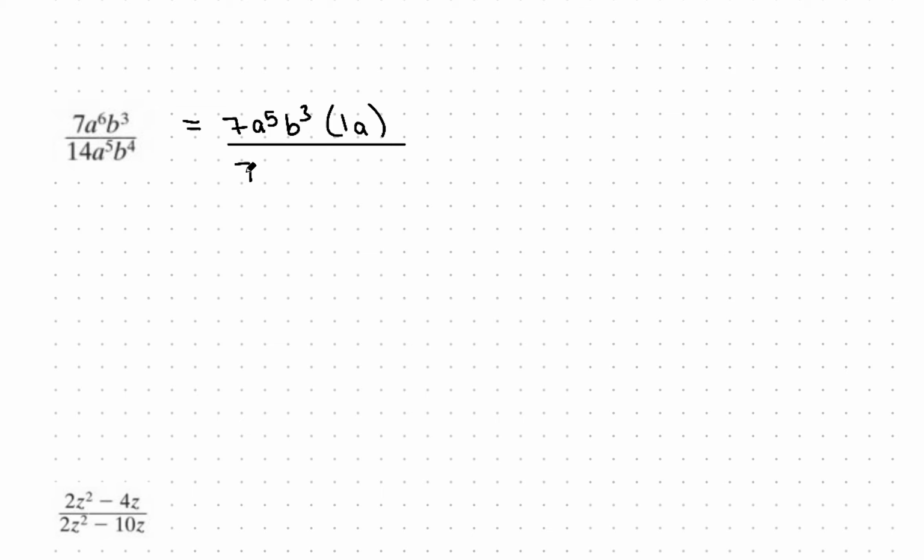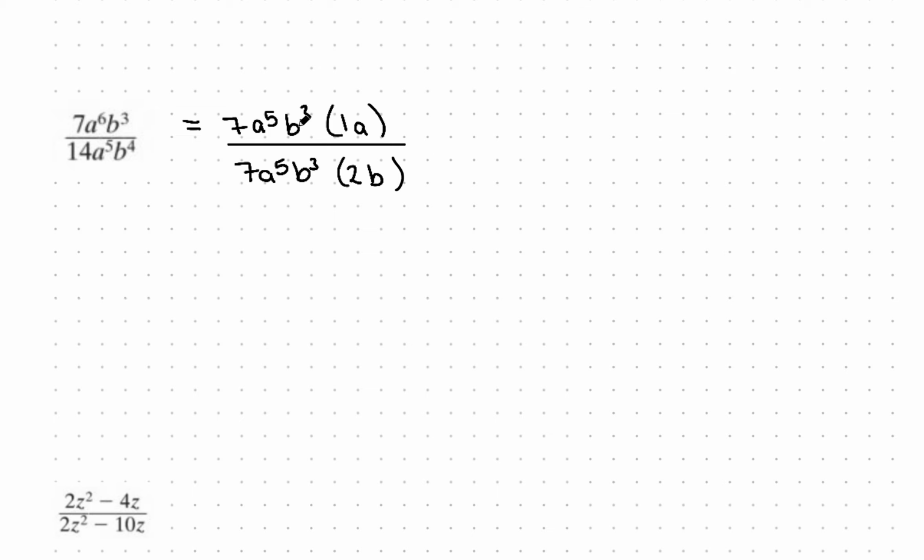If I was to factorize out the exact same thing on the bottom, what I would be left with in the bracket here is 2, because we'd have to have 2 by 7 to give us our 14. The a to the 5 is okay, but the b would have to be in the bracket here, the b to the power of 1, to give us b to the power of 4.